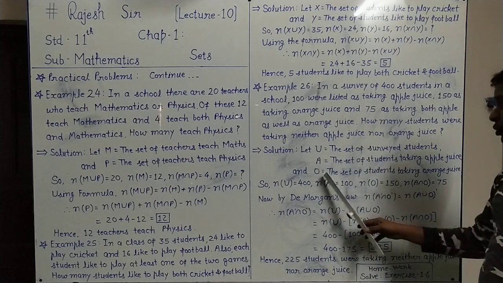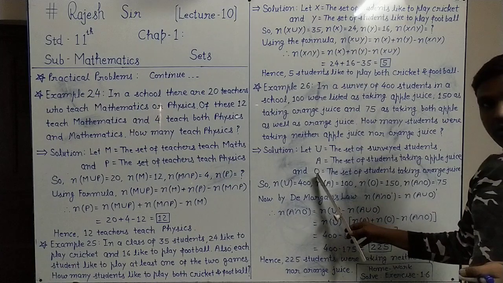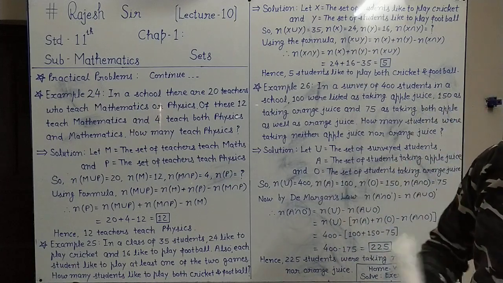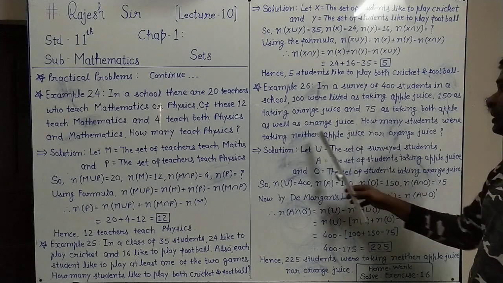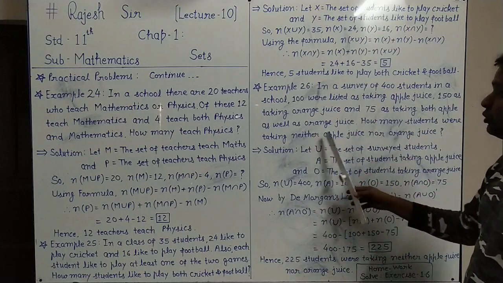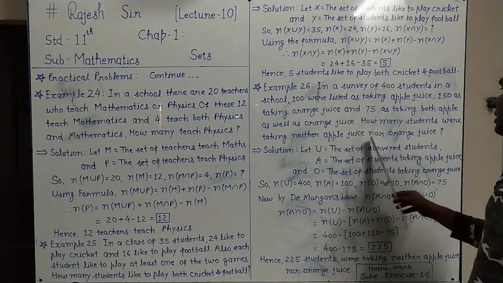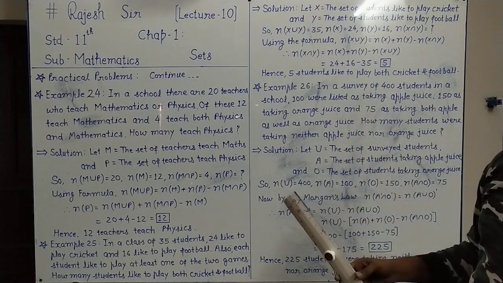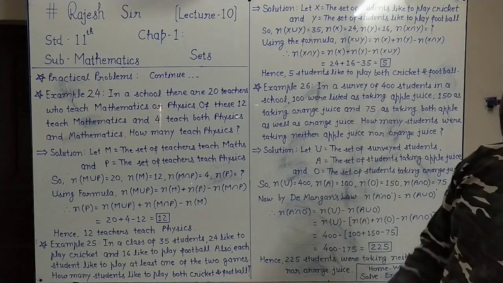If O shows the set of students taking orange juice, the set of students not taking orange juice will be O dash. So ultimately we want neither apple juice, meaning A dash, nor orange juice, meaning O dash. The question is about A dash and O dash.